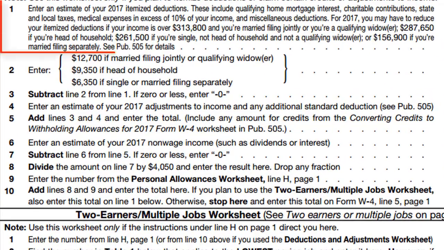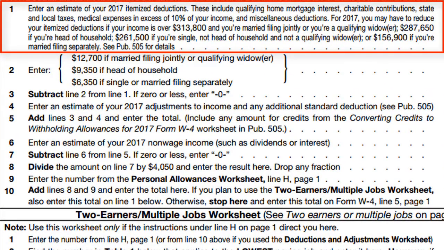Line 1 reads, "Enter an estimate of your 2017 itemized deductions. These include qualifying home mortgage interest, charitable contributions, state and local taxes, medical expenses in excess of 10% of your income, and miscellaneous deductions.